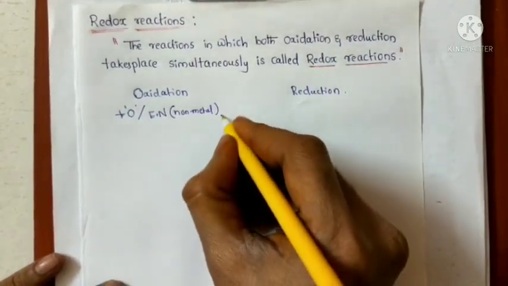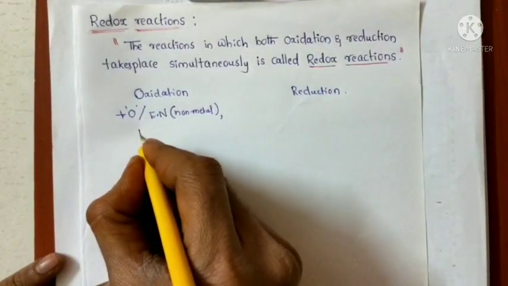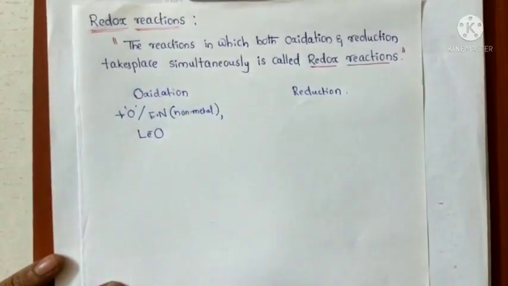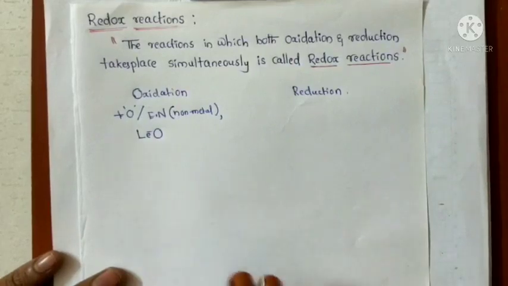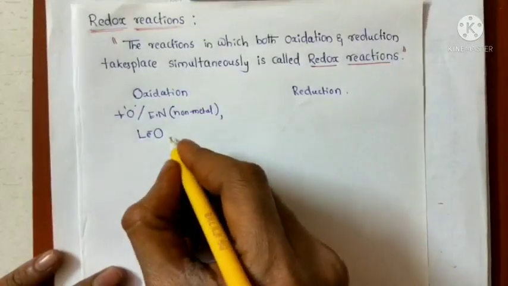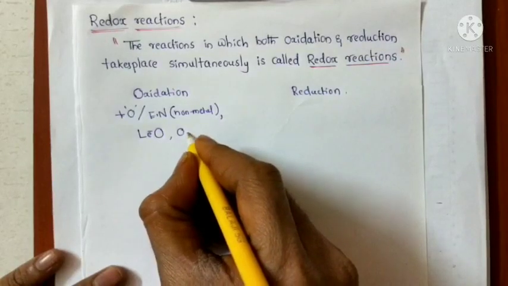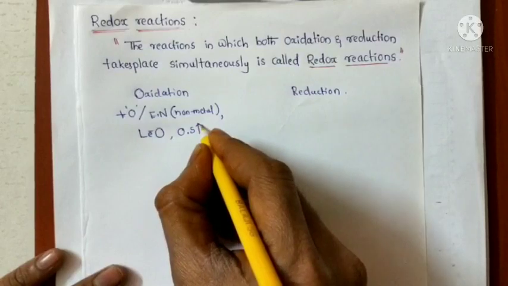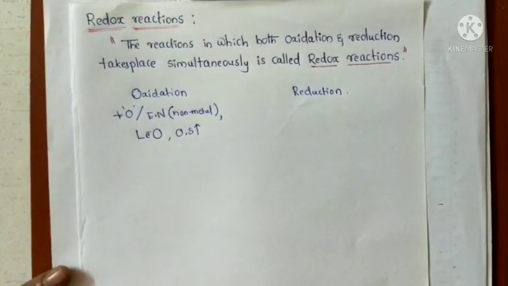Next, another statement is also there. Loss of electrons from a substance is called oxidation; that substance undergoes oxidation. Or if the oxidation state increases, we say that element undergoes oxidation.